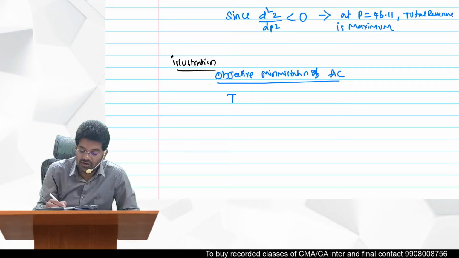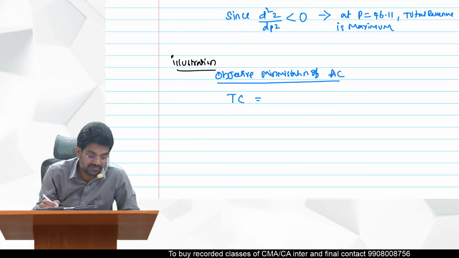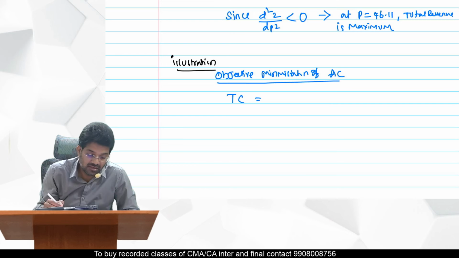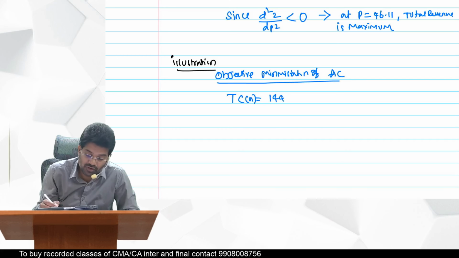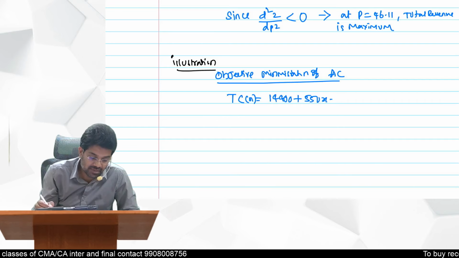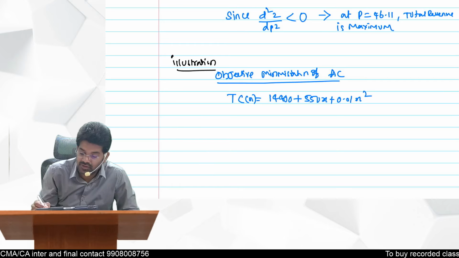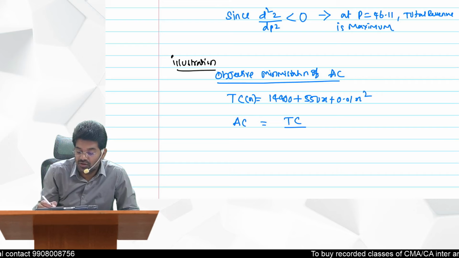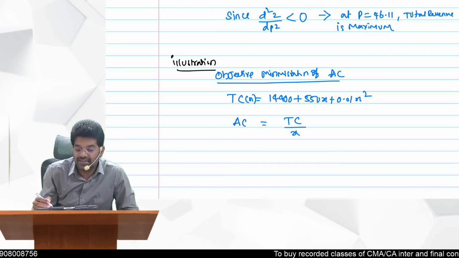First you should get total cost. What is the total cost equation given? Total cost is equal to 14,400 plus 550x plus 0.01 x square. How do you get average cost? Average cost is equal to total cost divided by x, no? Quantity.